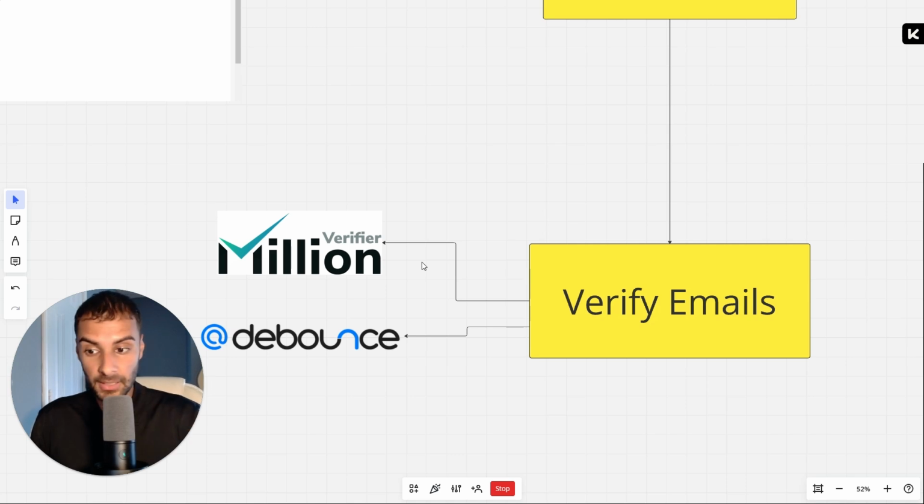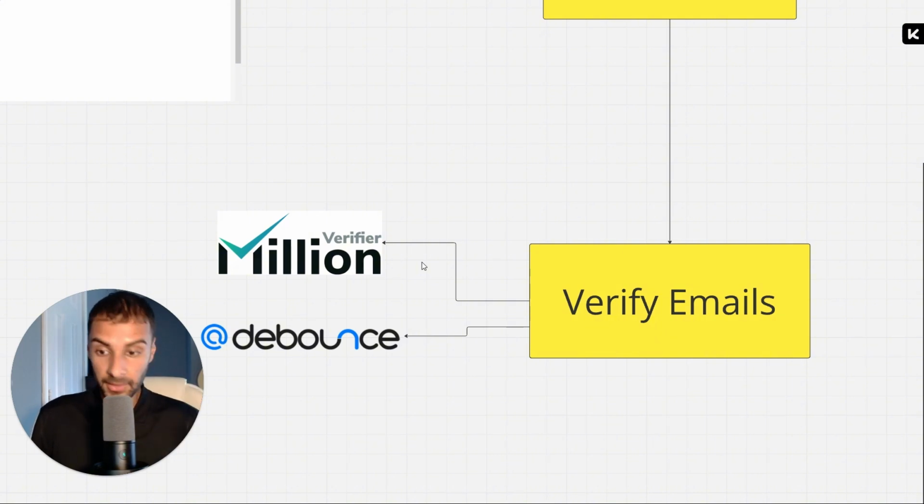If you send out invalid emails, you're one, wasting your time, and two, you're hurting your domain and emails. If the email bounces, it'll hurt your email rating, I guess you could say. It could hurt your domain health, your email health, and that will cause more emails to go to spam, right?